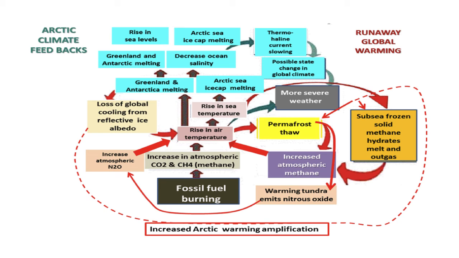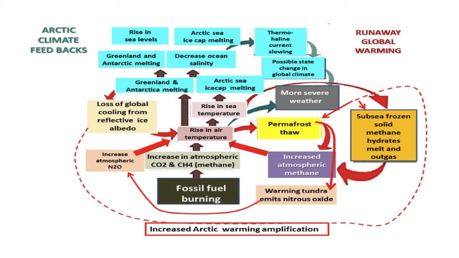Here is a demonstration showing simultaneous operation of multiple positive feedbacks acting against the natural climate equilibrium. Positive feedbacks always destroy equilibrium. As there is burning of fossil fuel, you can see the fossil fuel burning in the black box, and following from there, there is a rise in air temperature, which melts permafrost, which again raises air temperature.